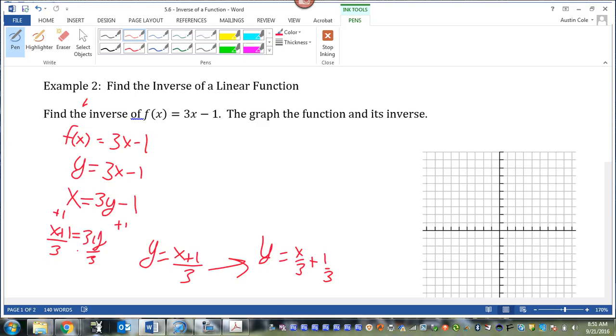Slope, right? How do you get the slope? You have x over 3. What is x over 3? Up 1 over 3. Exactly. How do you show that? y equals mx plus b.